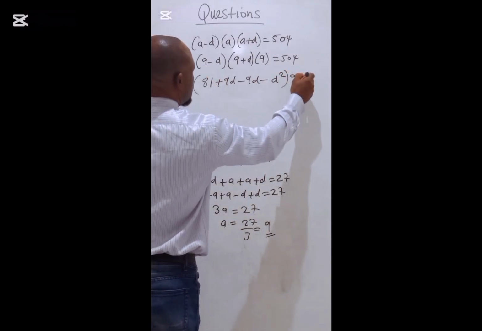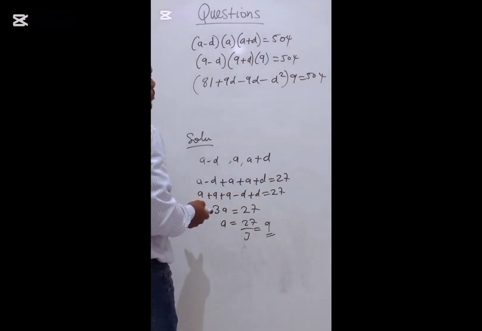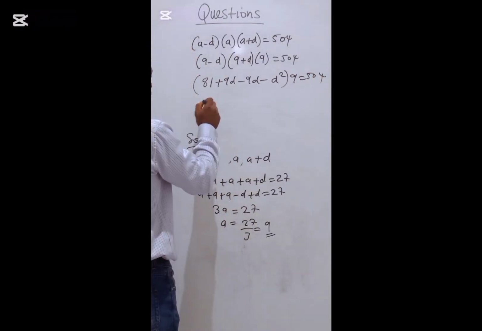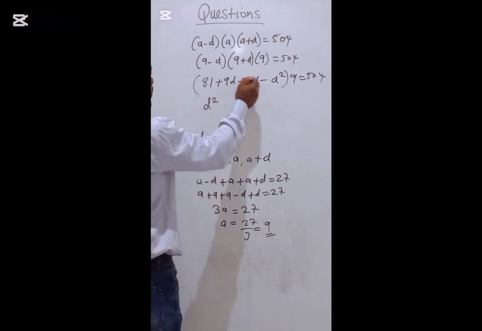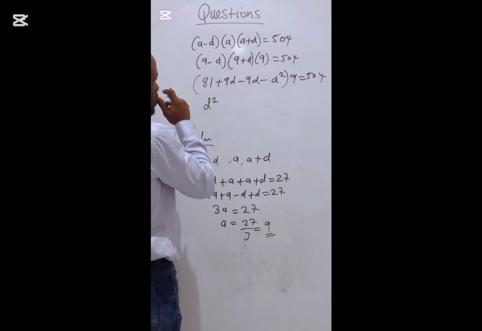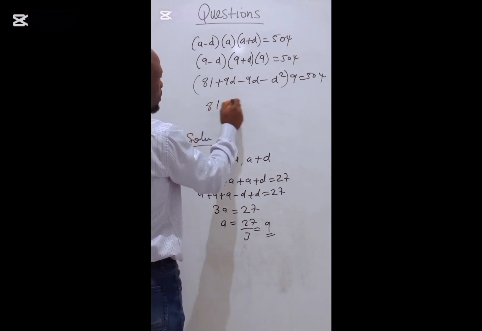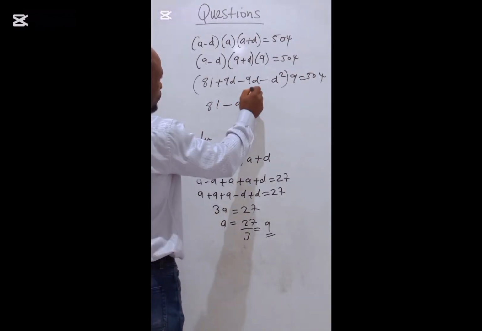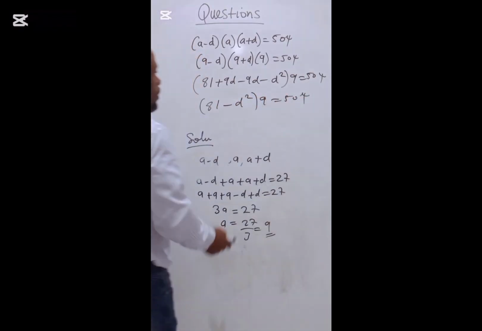Multiplied by 9 is equal to 504. So plus 9D minus 9D is 0. Therefore, this is the same thing as 81 minus D squared, multiplied by 9, is equal to 504.